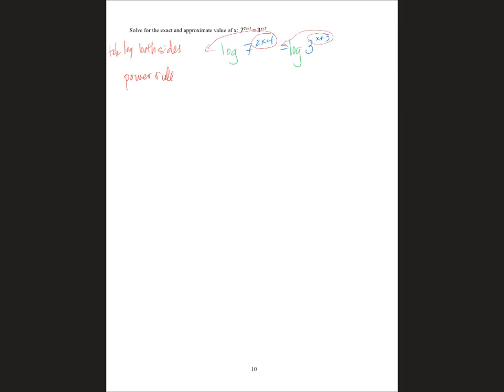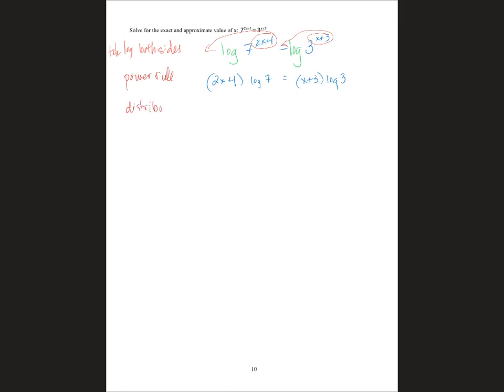So that would give me 2x plus 1 times the log of 7 equals x plus 3 times the log of 3. Now, at that point, I would want to distribute. So I'm going to go ahead and distribute.